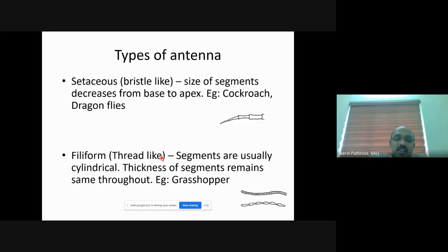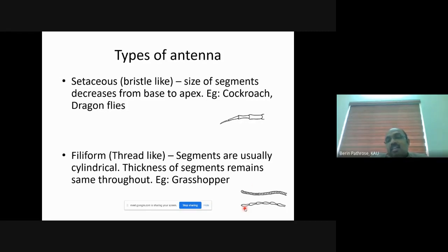The next type is called filiform or thread-like antenna. In filiform antenna, the structure is different from setaceous antenna. Here you can see that as we move from the base of the antenna to the tip, the size of the segments is uniform. It's almost cylindrical in nature. This we see in the case of the grasshopper.